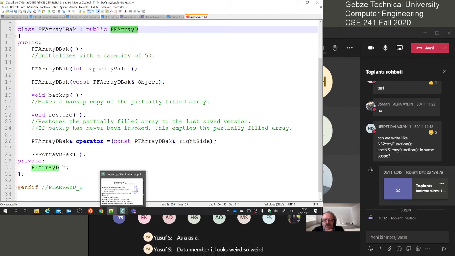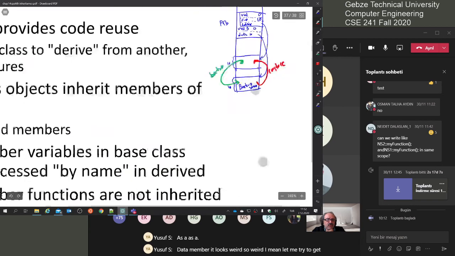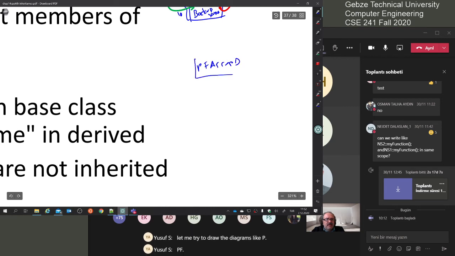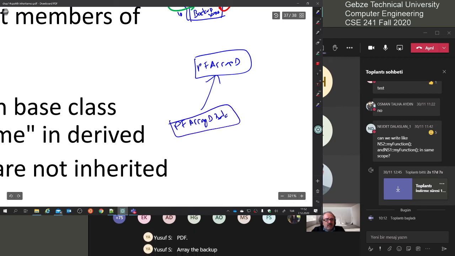Let me try to draw the diagram. PFArray D is my class, and I am deriving a PFArray D backup also. I am doing this.